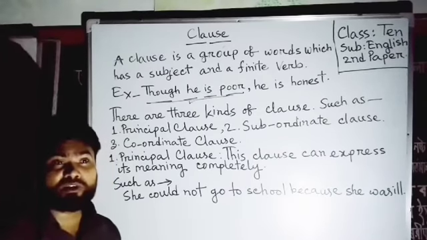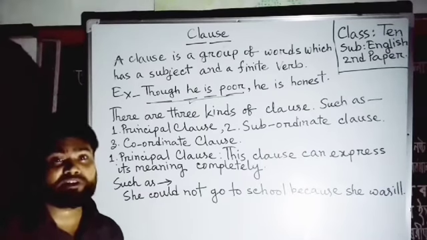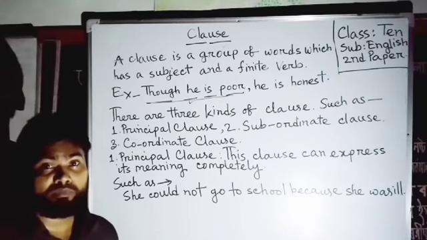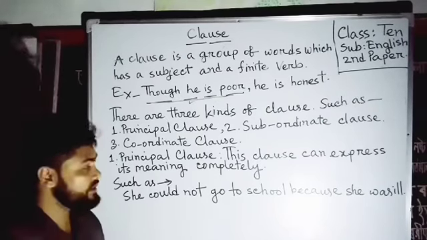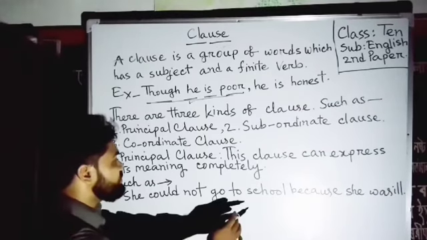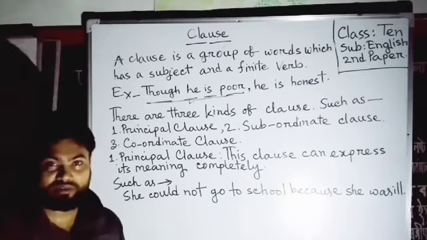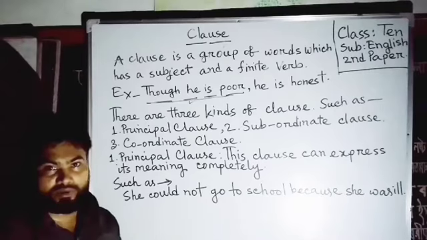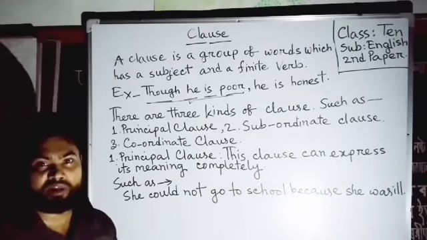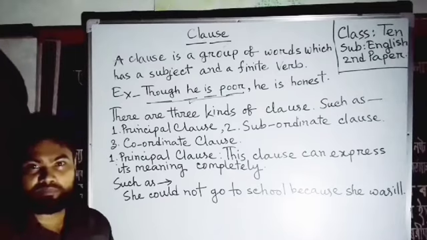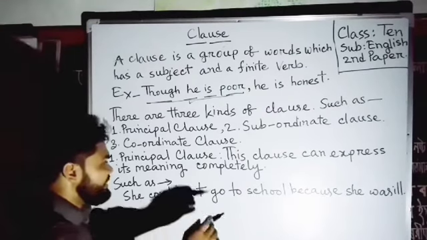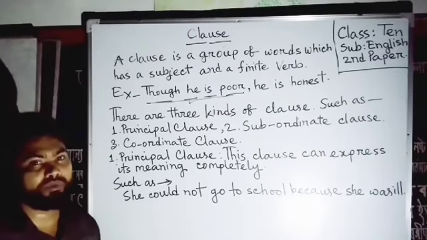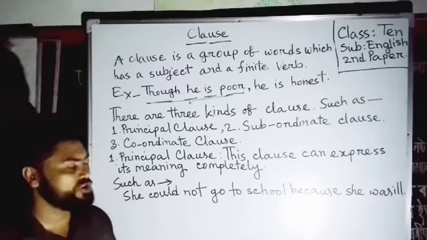Let's see which part can give its meaning clearly without taking any help from any other clause. She could not go to school. If you write this sentence, your listener or your reader will not ask you any question, because it can give us a clear meaning without taking any help.